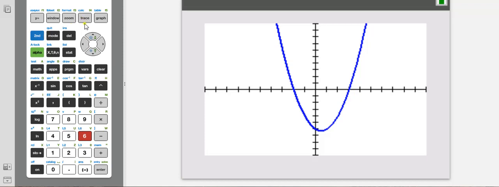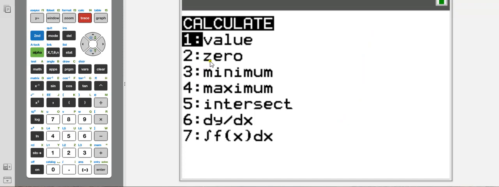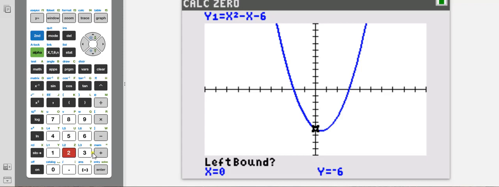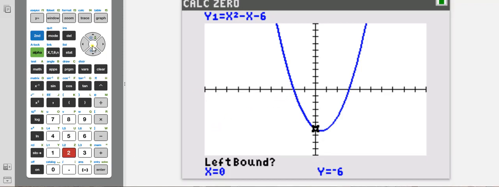You want to use second calc. So press the second button and press trace for calc. And you want to go to 0. Press 2. Let's say you want to find the x-intercept over here. You move the cursor.